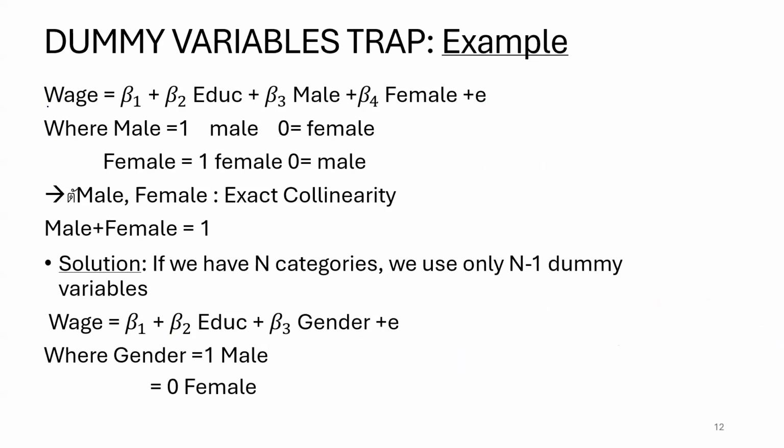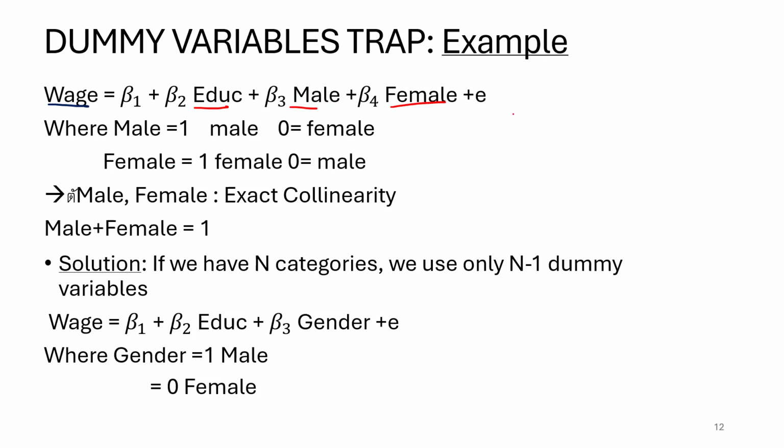The wage of people depends on their education. The higher the education, the higher the wage. Makes sense. But they would like to know the difference between male and female wage. Then, because they may have learned with me, they use dummy variables male and female, where male equals 1 is male, 0 is female, and female 1 is female, 0 is male.